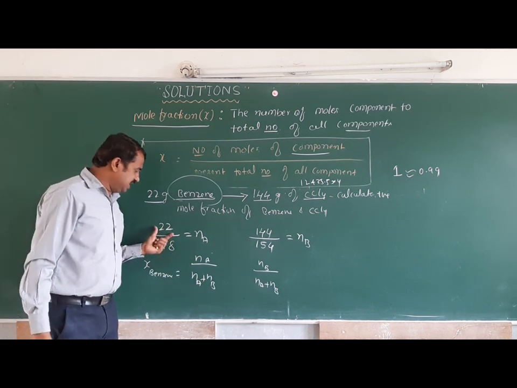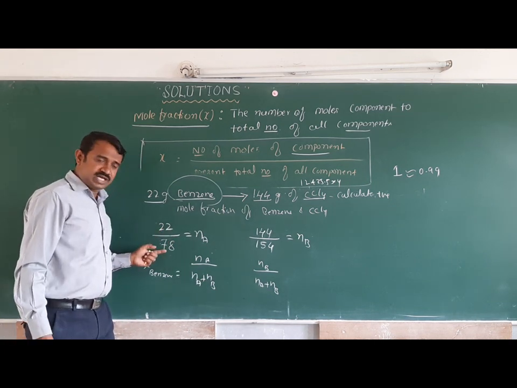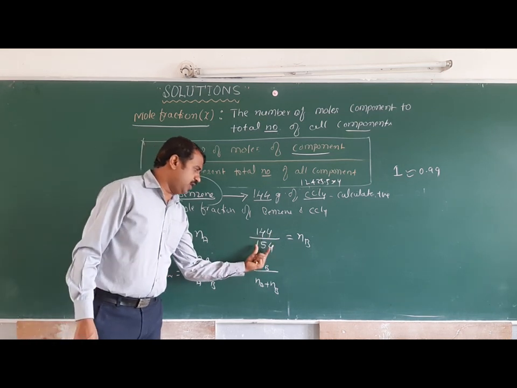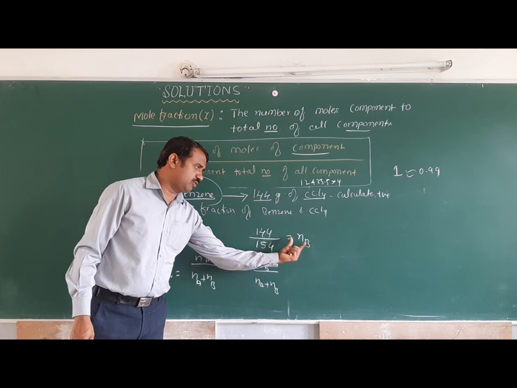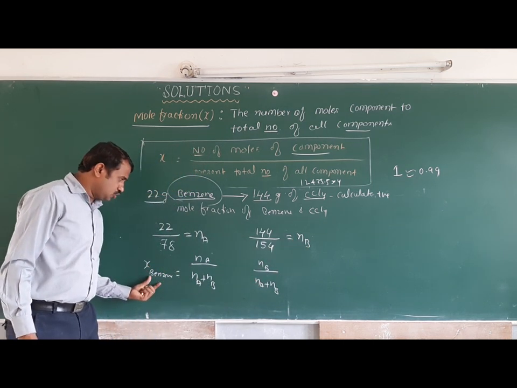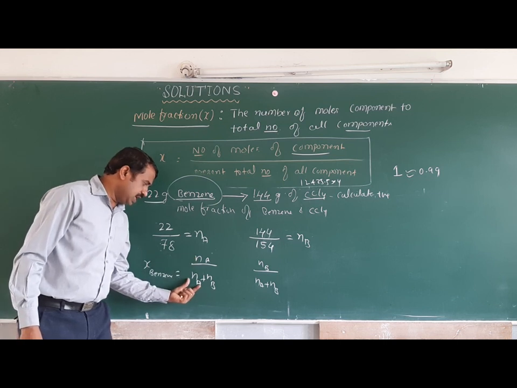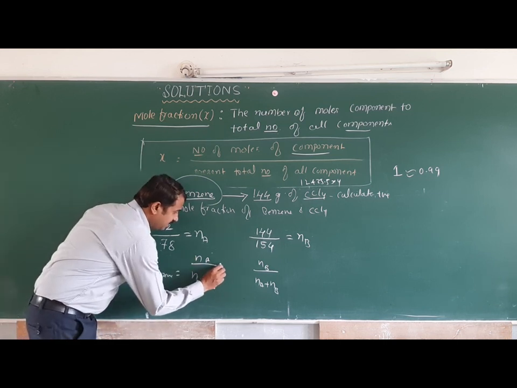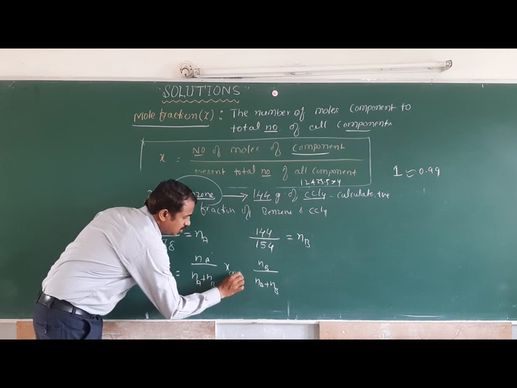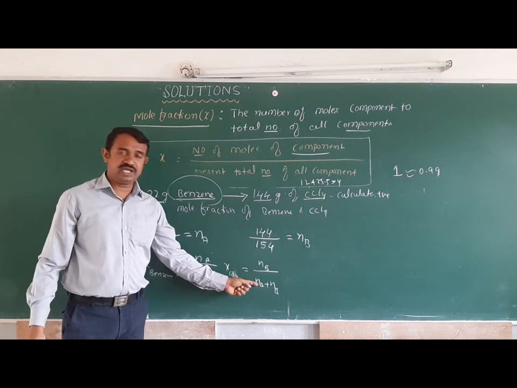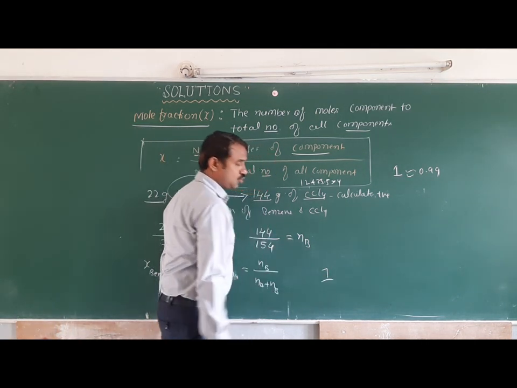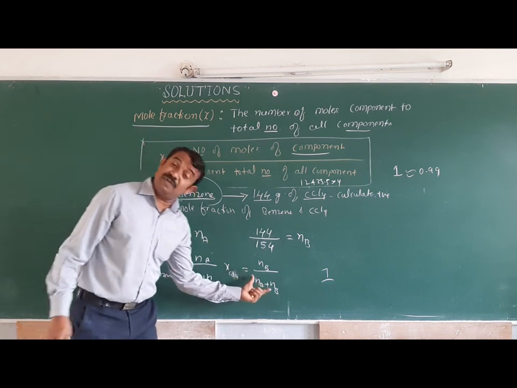The value is 22 divided by 78, that is the Na value, and 144 divided by 154 gives the Nb value. You can easily calculate X benzene equals Na divided by Na plus Nb, and X carbon tetrachloride equals Nb divided by Na plus Nb. The sum of both values equals 1, or you can calculate the Nb value that way.